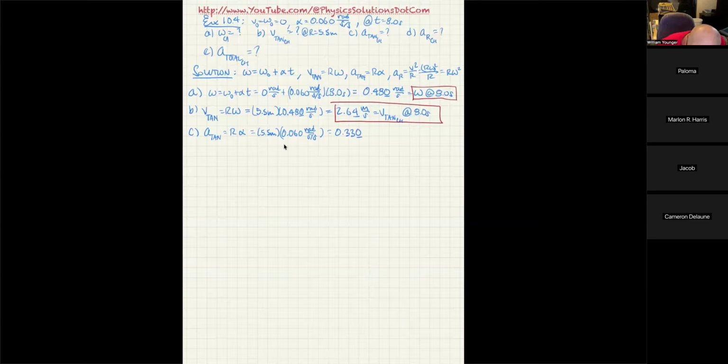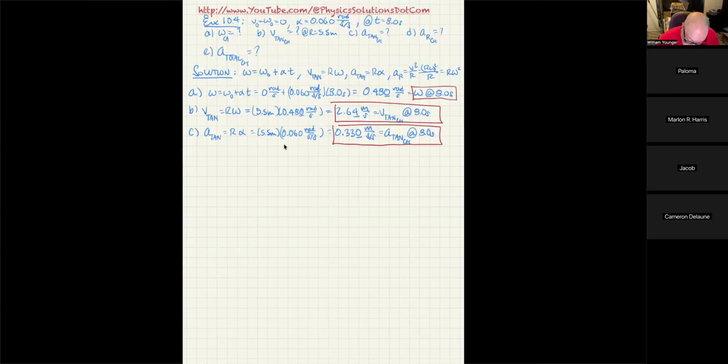Carrying one extra digit beyond the sig figs gives 0.330, and that's meters per second squared equal to A tangent child at 8.0 seconds. Again, I'm just writing all that for clarity so you'll know that we were actually doing it at that particular time. But that's part C.